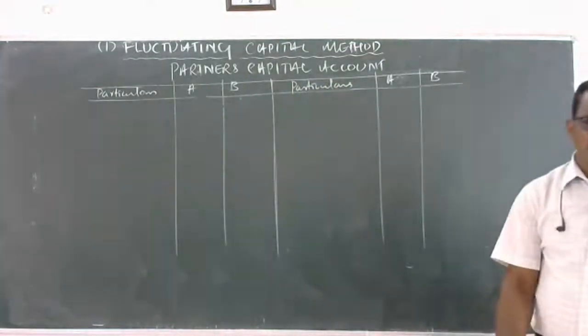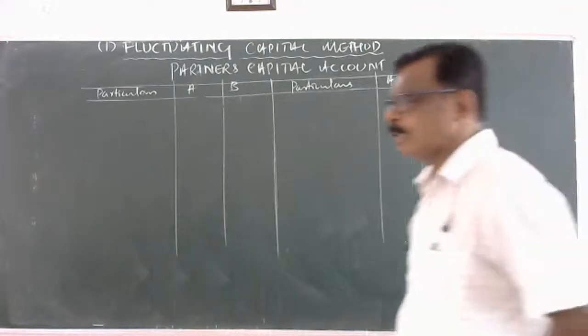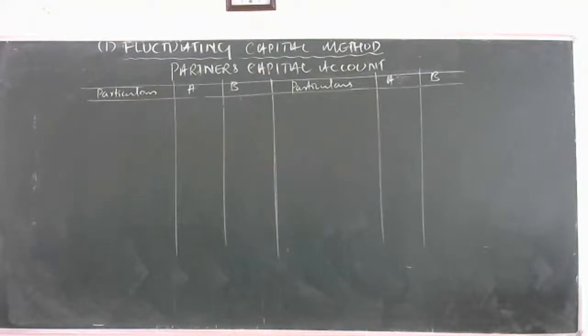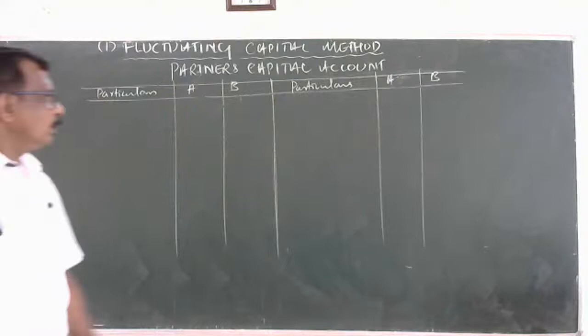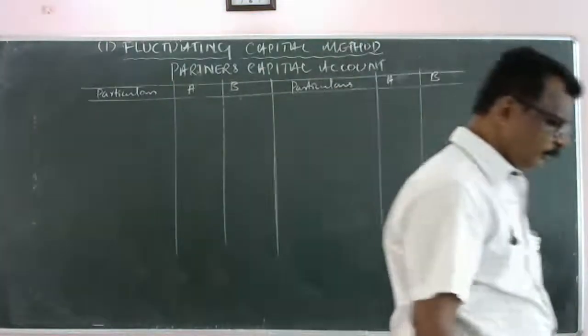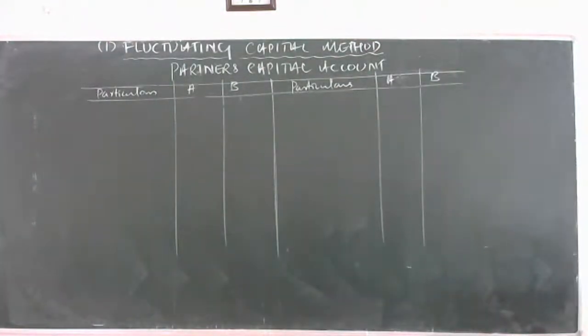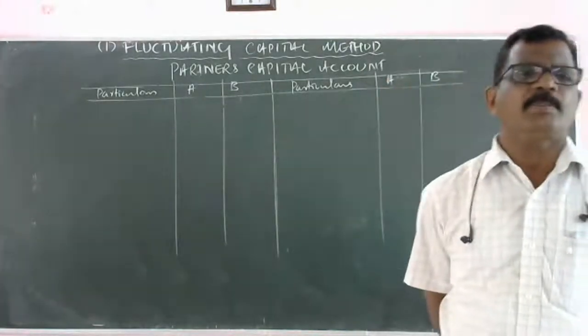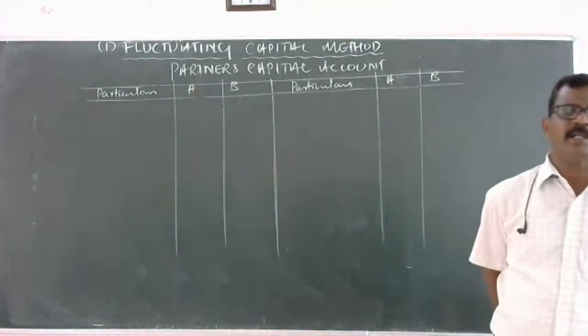Right? Partners capital account under fluctuating capital system. Draw the columns for partners, preparation of partners capital account. Now you know the items which are to be credited to partners capital account and the items which are to be debited.